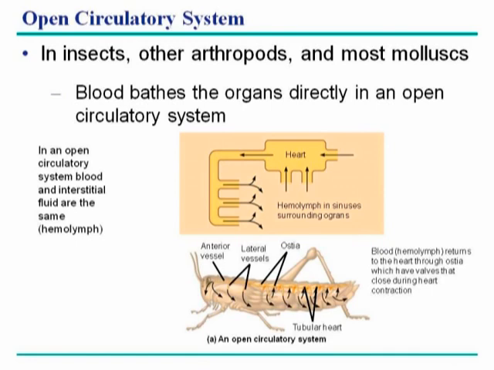Let's see in the picture. You see the heart pumps the blood into the blood vessels, and blood goes out from the blood vessel to surround the cells. Surrounding the cells is the interstitial fluid. In the open circulatory system we call it hemolymph because it is around the organs, okay?